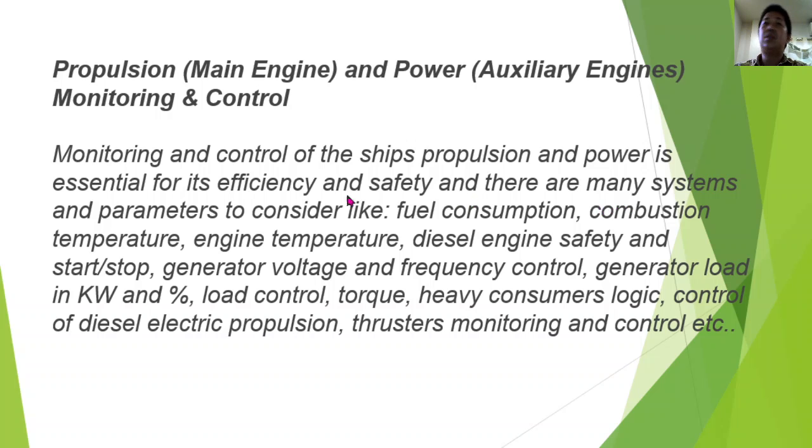And there are many systems and parameters to consider, like fuel consumption, combustion temperature, engine temperature, diesel engine safety, start-stop, generator voltage and frequency control, generator load in kilowatt and percent, load control, torque, heavy consumers logic control, and diesel electric propulsion, thrusters, monitoring and control, etc. So these are all being monitored and controlled by the automation system.